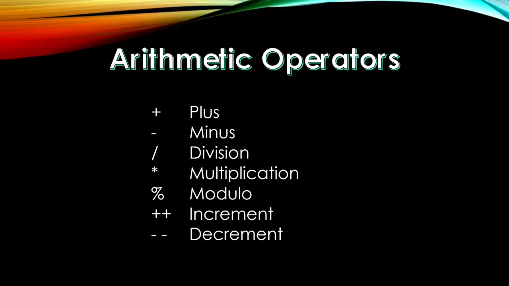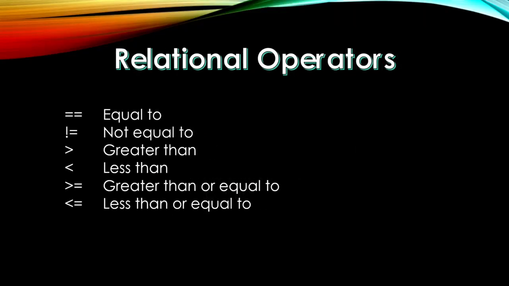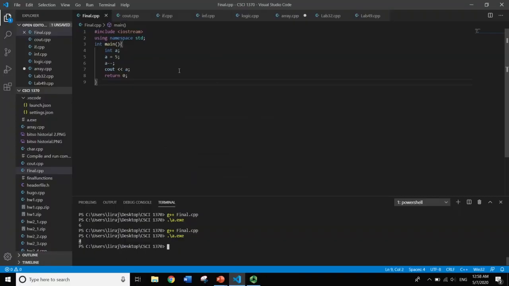Let's go continue. Now we have relational operators. These relational operators require two variables. What they do is that they compare two variables to each other.